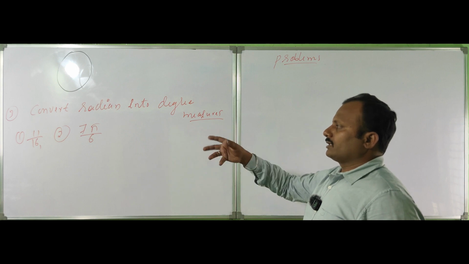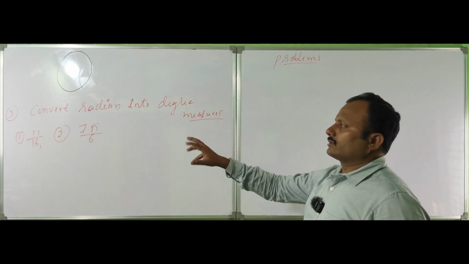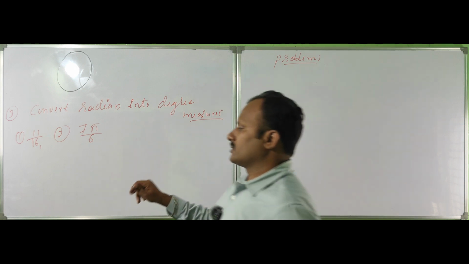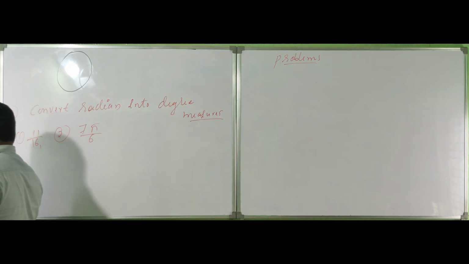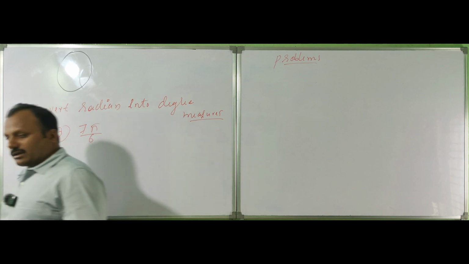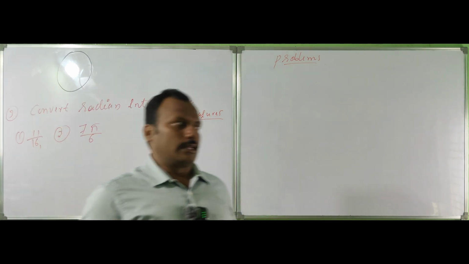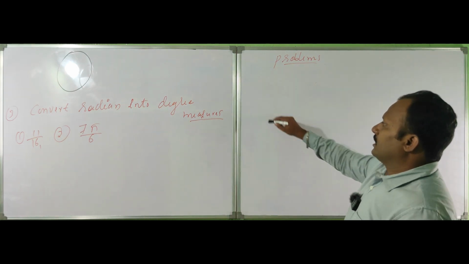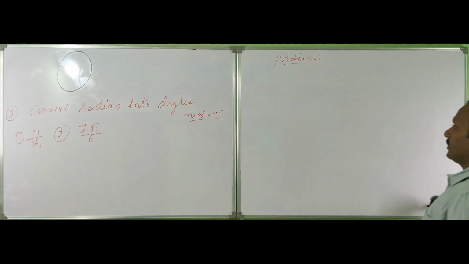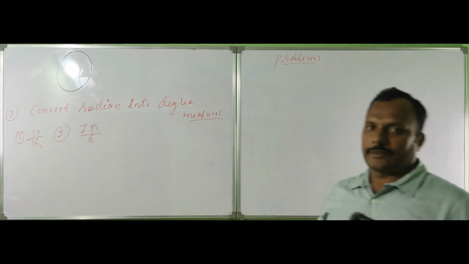Whatever the questions, if you cannot read my writing, that is an issue. They give lengthy questions, like a circle of 10 radius. If I start writing here, it takes the whole board to write the question.